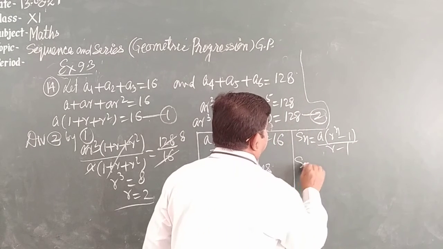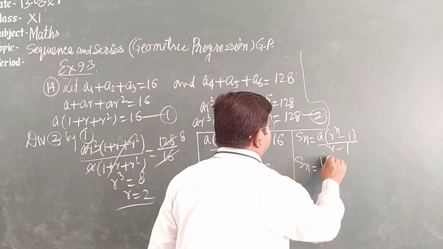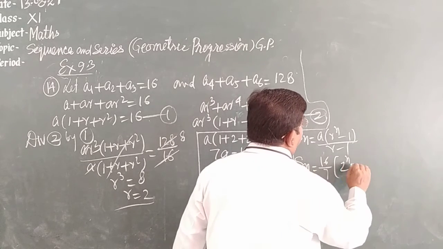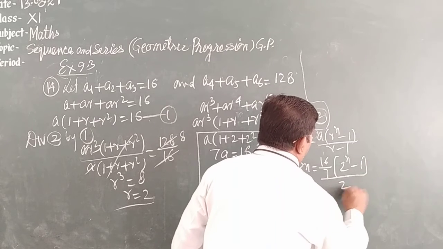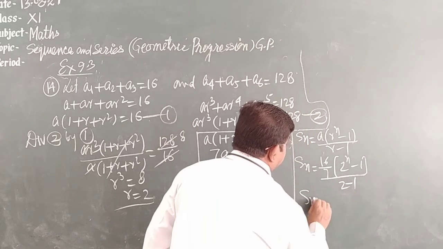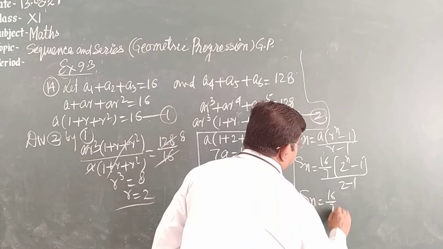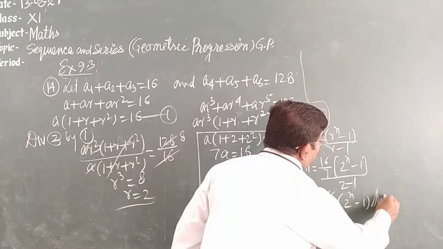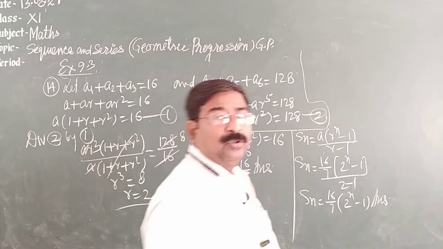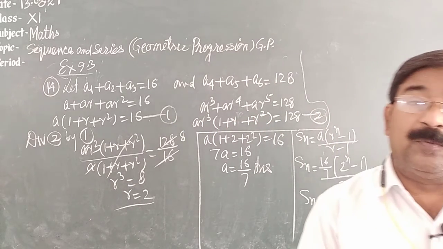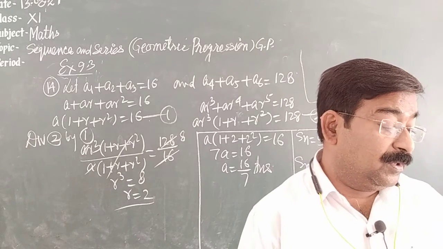So we have Sn is equal to A, which is 16 upon 7, into 2 to the power n minus 1 upon 2 minus 1. The final answer is Sn is equal to 16 upon 7 times 2 to the power n minus 1. This is your answer of this question. You can calculate this, very simple one, only you have to take care about the solution and calculation.